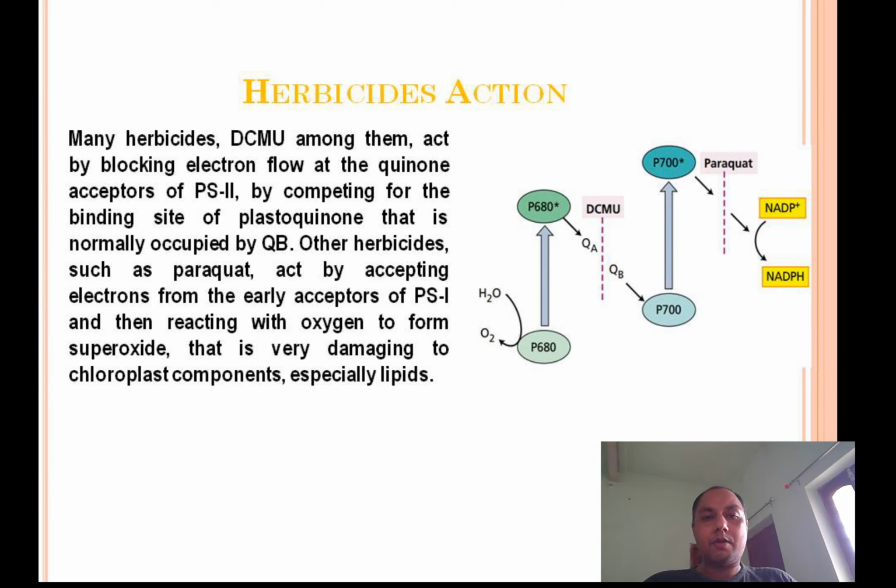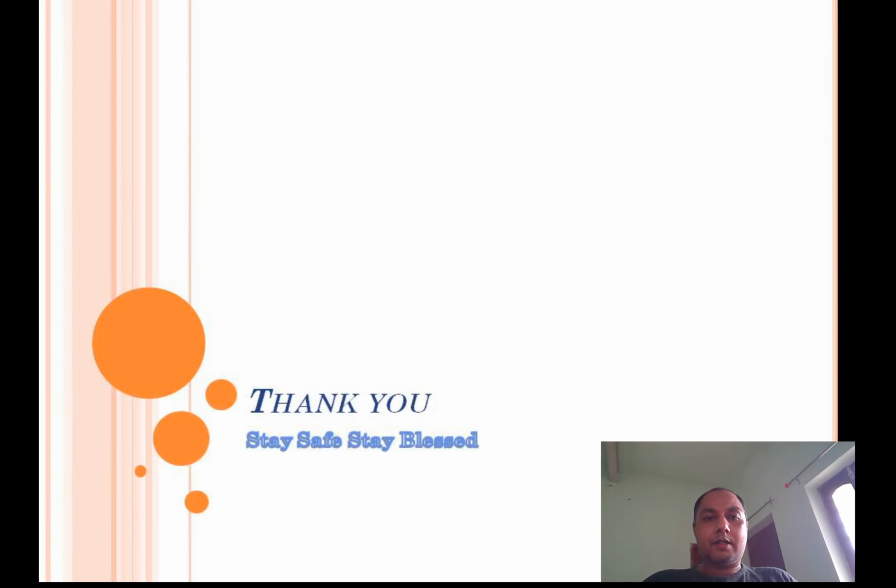Similarly, there is paraquat, which acts on the early electron acceptors of photosystem I, that means A0 and A1, which are inhibited because paraquat diverts electrons towards itself. So there would be no electron flow for the synthesis of NADPH by FNR, that is ferredoxin NADP reductase protein. So these are the things that we have considered.